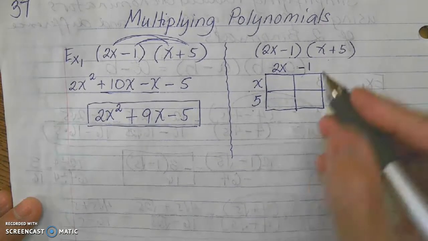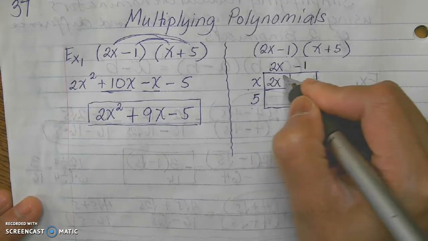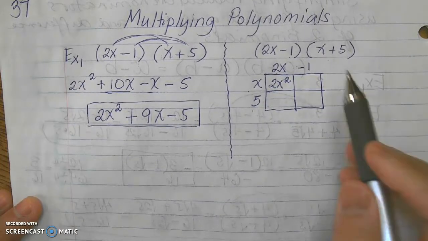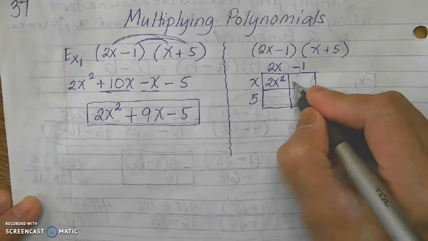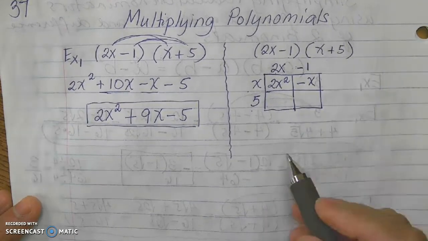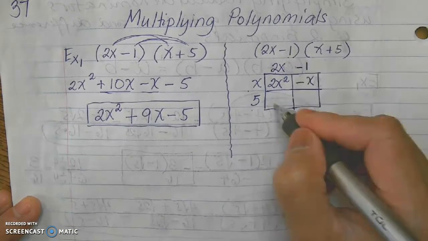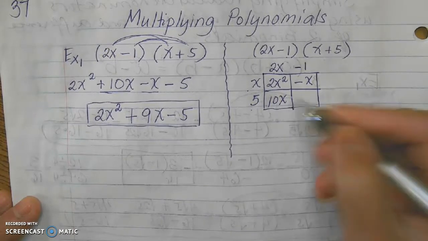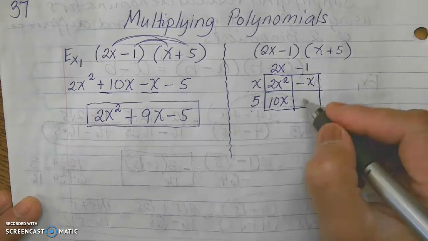So let's do it. 2x times x is 2x squared. Negative 1 times x is negative x, or negative 1x. 2x times 5 is 10x. Negative 1 times positive 5 is negative 5.